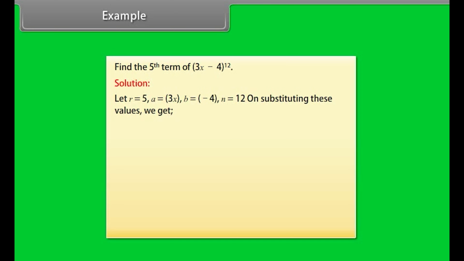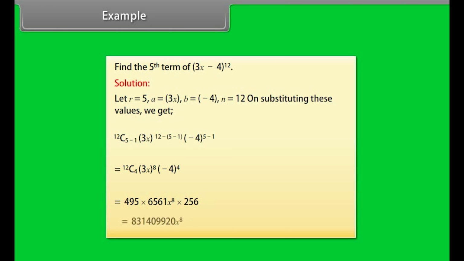On substituting these values, we get 12C(5-1) into (3x)^(12-(5-1)) into (-4)^(5-1), which equals 31409920 x^8.